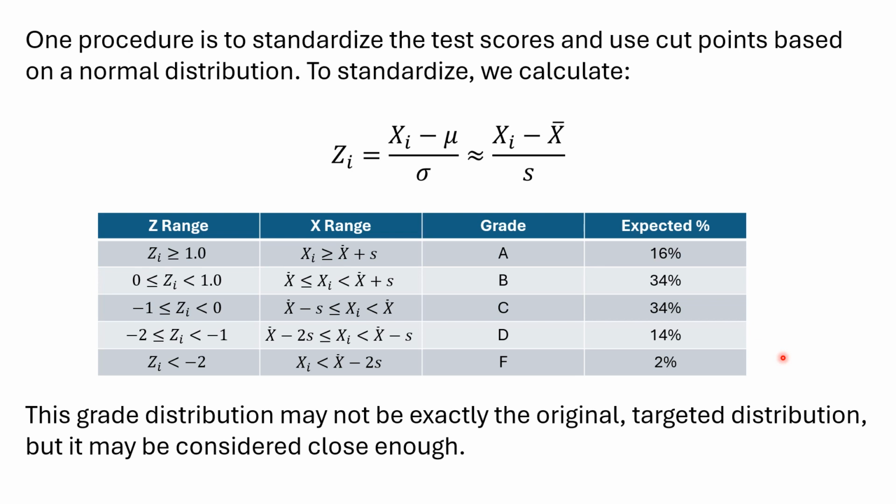Most people would consider that to be a relatively generous grading curve. The grade distribution may not be exactly the original targeted distribution, but it may be close enough that the professor goes ahead and accepts these scores as determining the grades. So that's one way to do that.